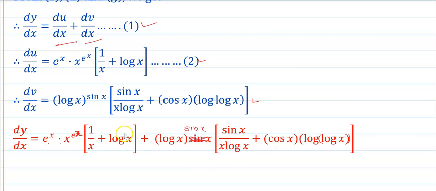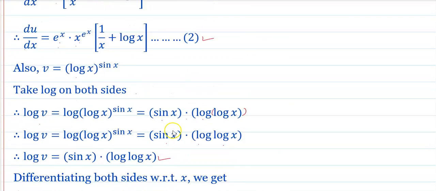This is the dy by dx. Here one more bracket is used, this is from the first to last, and one bracket for this log of x.